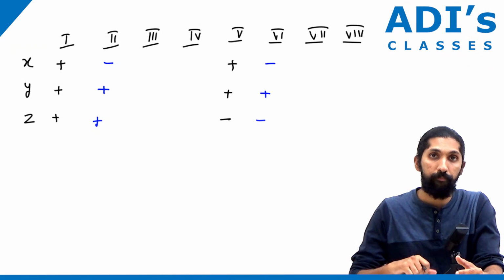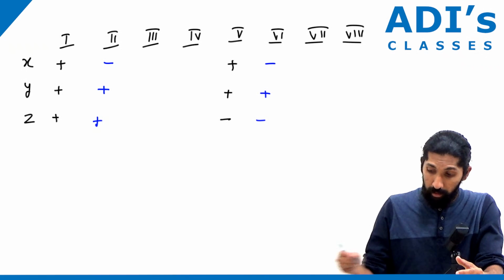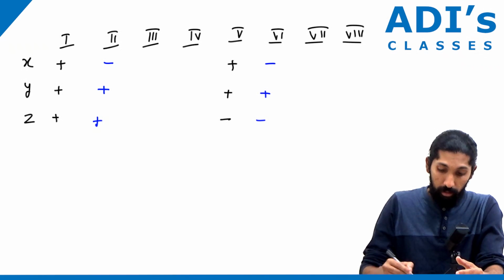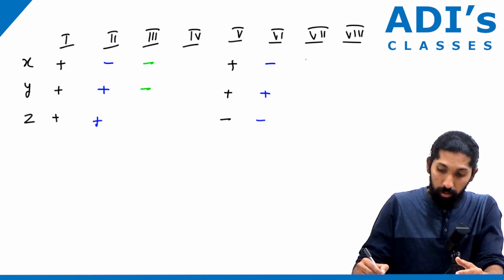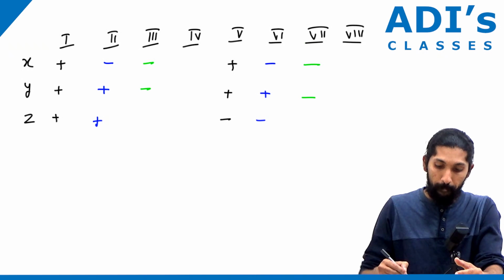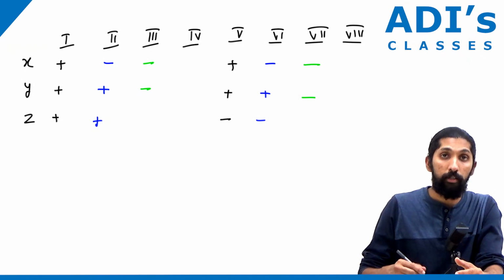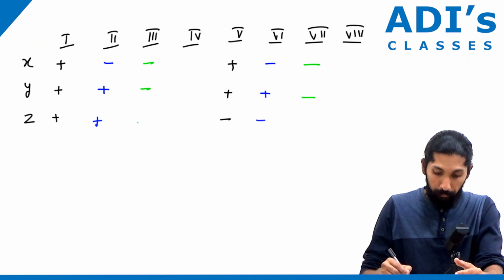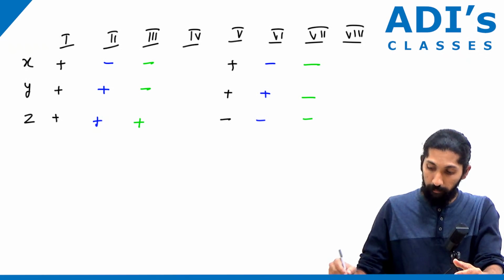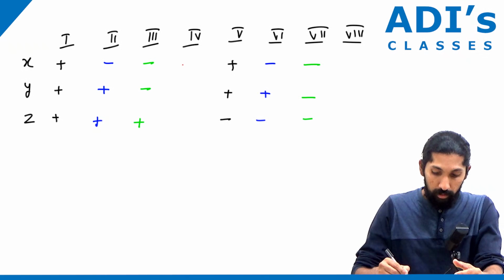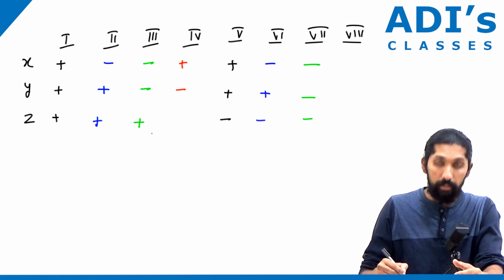Very, very simple. So, next one, if you have the third octant, you're going to have minus, minus. So, the seventh octant is also going to be minus, minus. But for the third octant, Z is going to be plus, this is going to be minus. Then finally, for the fourth one, X is going to be plus, Y is going to be minus.